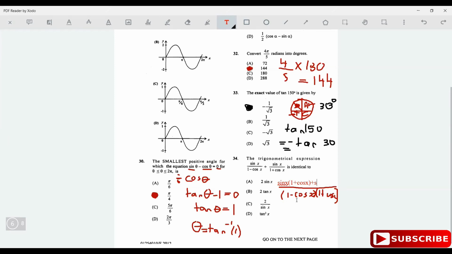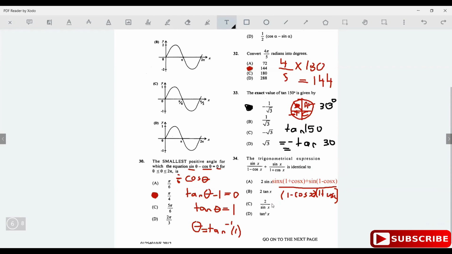And so what we get in the numerator now is sin x times 1 minus cos x. So far we're good.